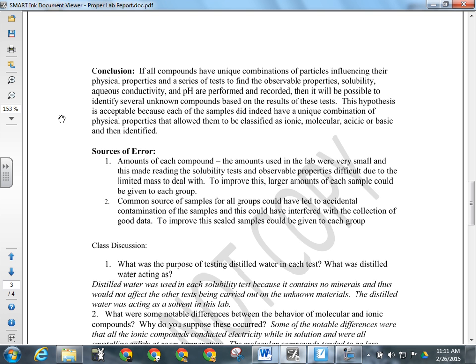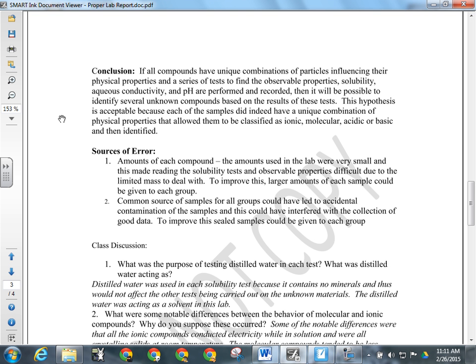Okay, sources of error. Sources of error needed to be things that you had no ability to correct. Okay, within the procedure, you had no ability to correct them. So saying things like, we didn't rinse our conductivity tester. Well, you should have. Okay, or we forgot to take the temperature of this. Well, then do it again.